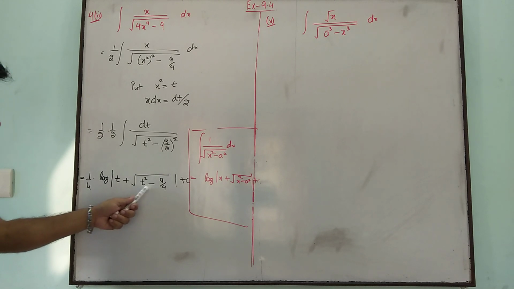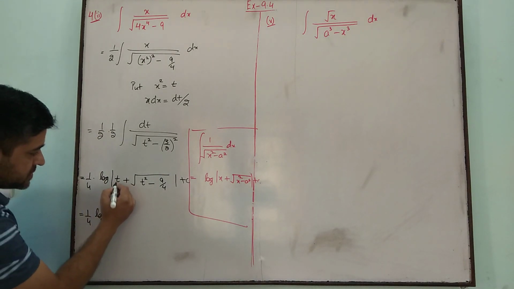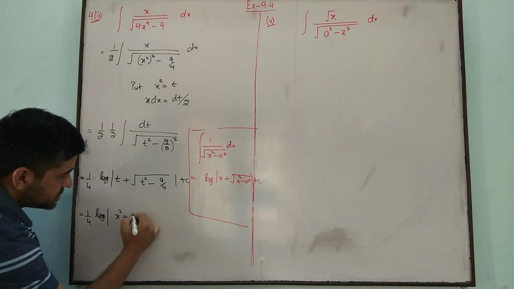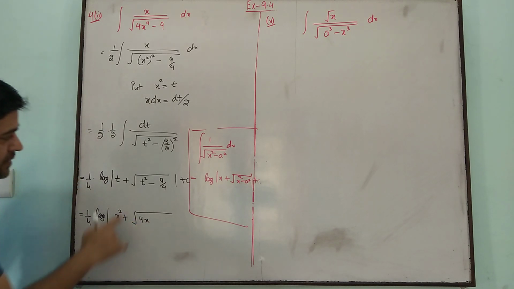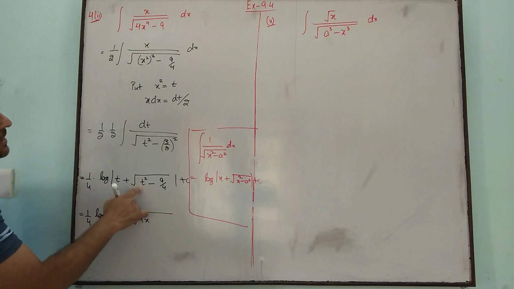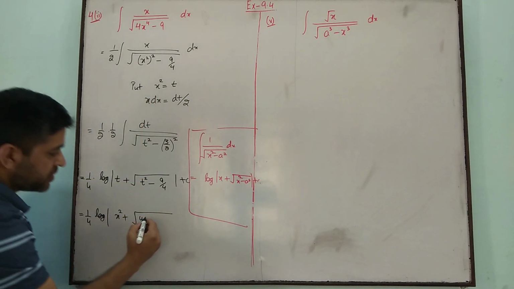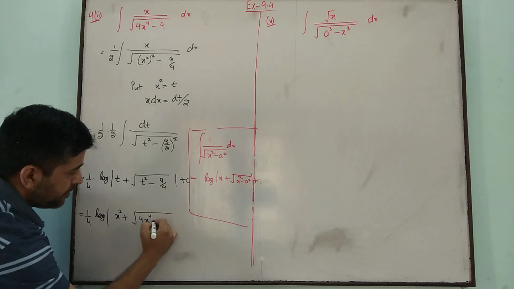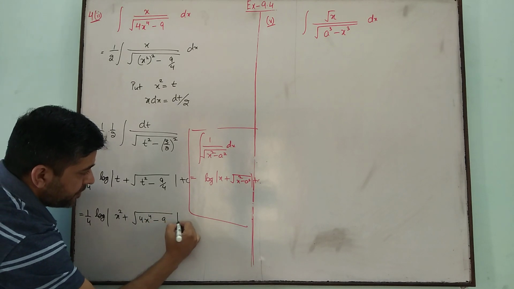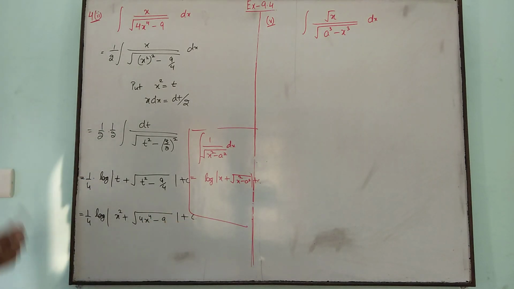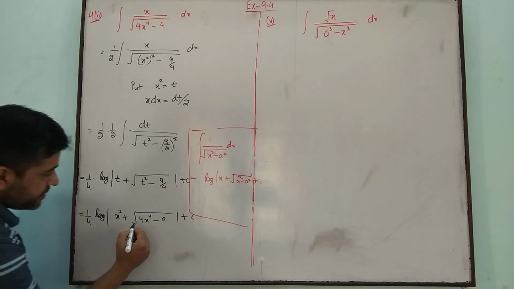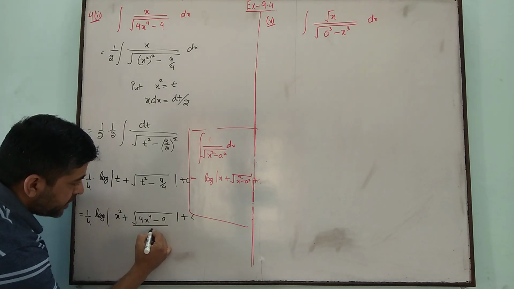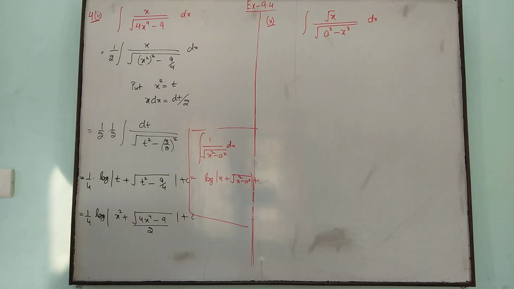This will be your 4t square, means this is x square plus the square root of 4, t is x square, so t square will be x to the power 4 minus 9, plus c. Now you can see, as this will be divided by 4, after the root it will be divided by 2.